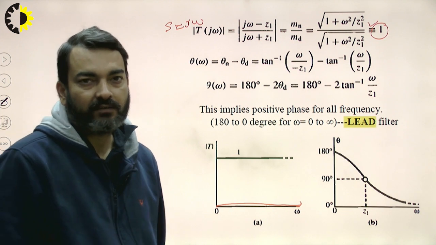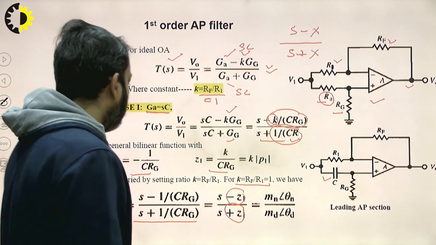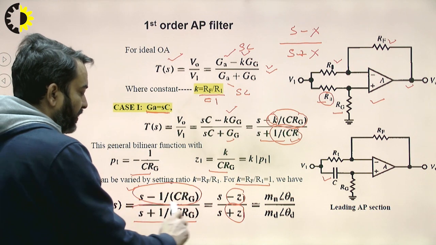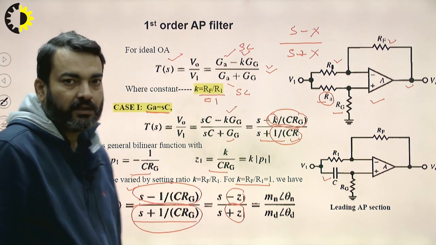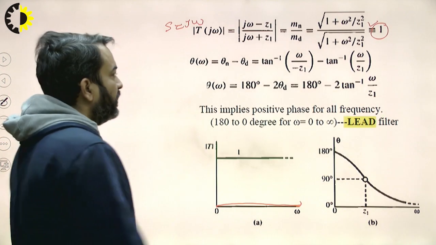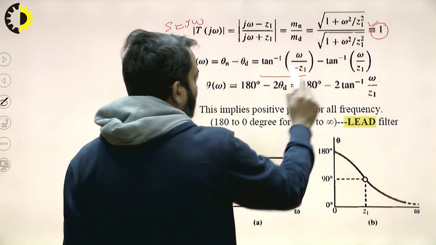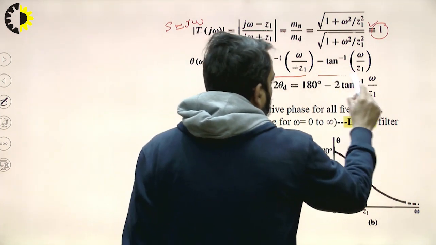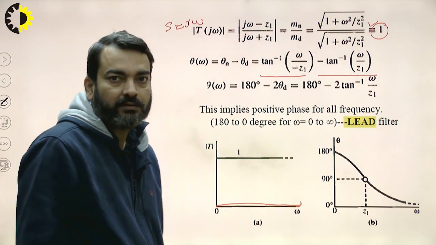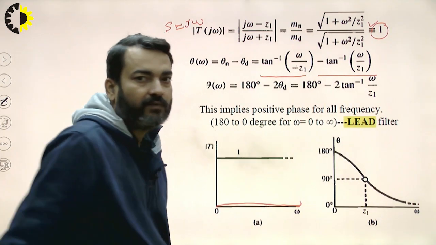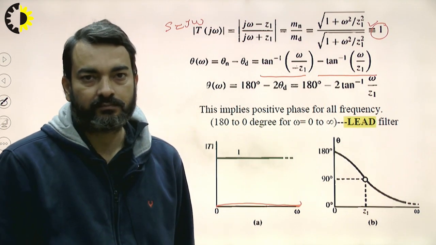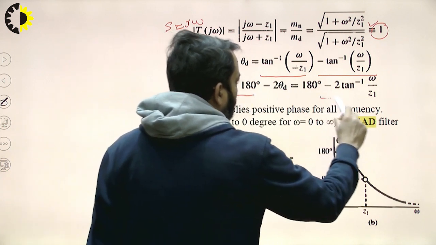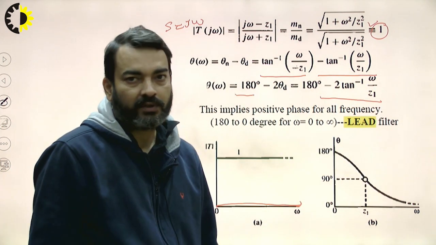Now if we take the phase angle, the phase angle of this transfer function is nothing but the numerator phase minus the denominator phase. The numerator phase is tan inverse omega by minus Z1, that is the real part, minus tan inverse of the denominator phase, tan inverse omega by Z1. Solving this, we get 180 minus 2 tan inverse omega by Z1.